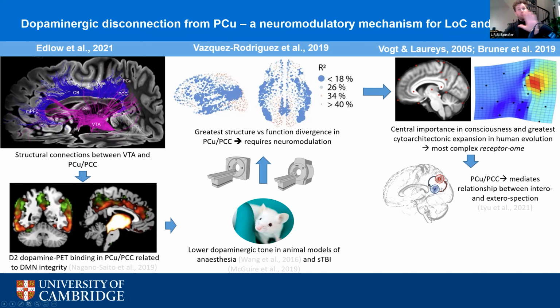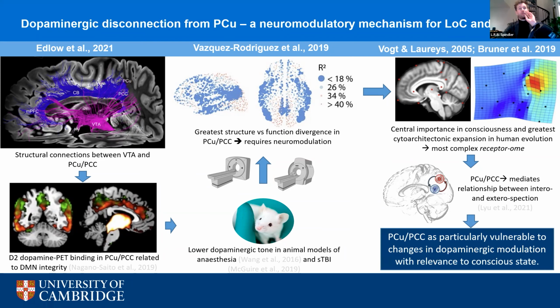But anyway, this is all just to say that the precuneus and posterior cingulate may be particularly vulnerable to changes in dopaminergic modulation, which we might be capturing with this biomarker. And this might be of direct relevance to conscious state. So dopaminergic modulation of that posterior cortical network node.